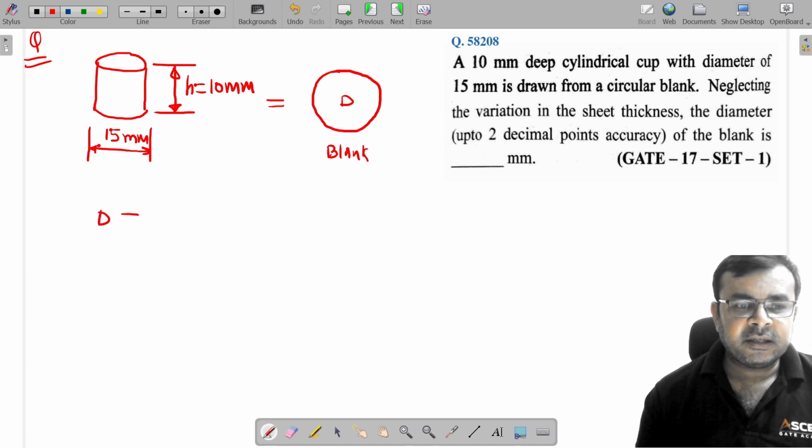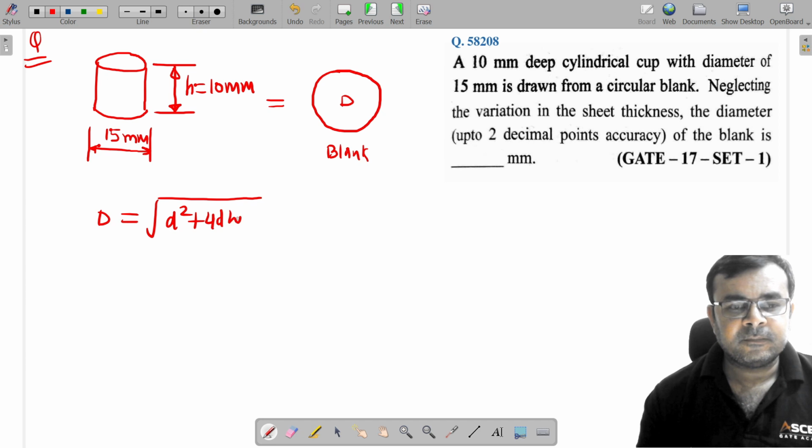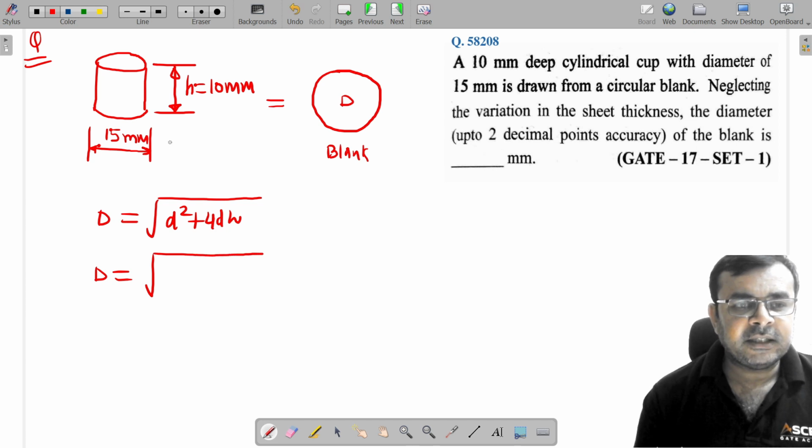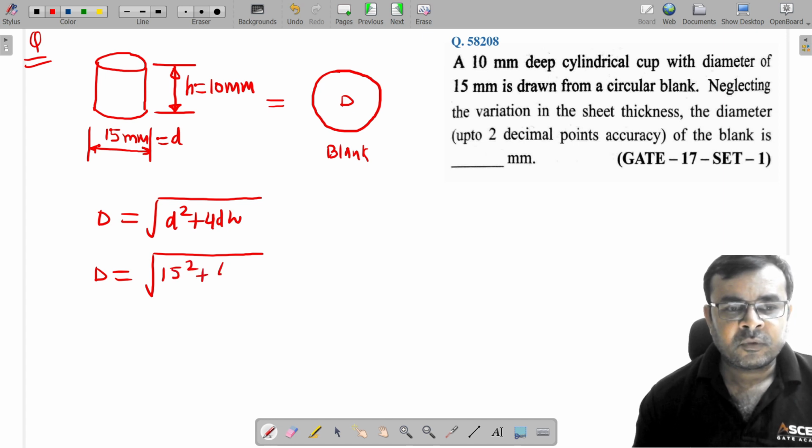So we have a direct relation: capital D is the square root of d square plus 4dh. Now if we put the values of d and h into this expression, where small d is the diameter of the cup and h is the height of the cup, this is 15 square plus 4 into 15 into 10.